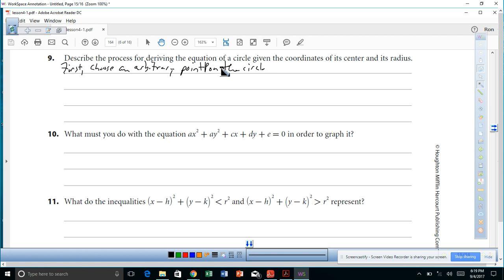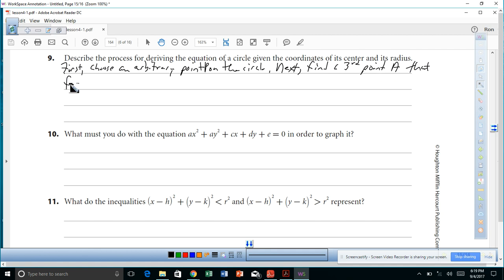We'll just call that point P on the circle. Next, find a third point, and we'll just call it A. Kind of matches what we did at the beginning. That forms a right triangle.